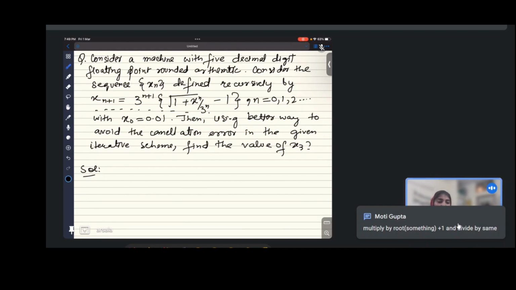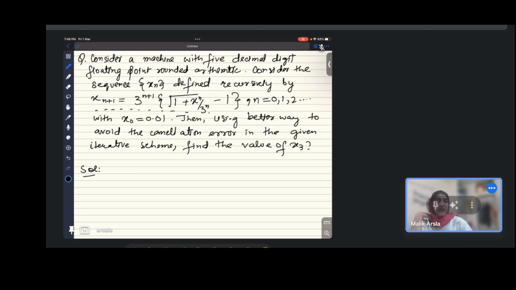Multiply by root something plus 1. Yeah, that is correct. You will multiply and divide the term which is given here, the square root of 1 plus xn upon 3^n, minus 1, with the same thing with a plus sign. Let me do it here.